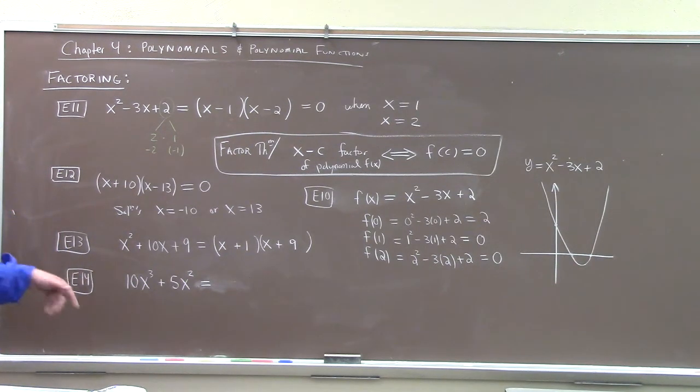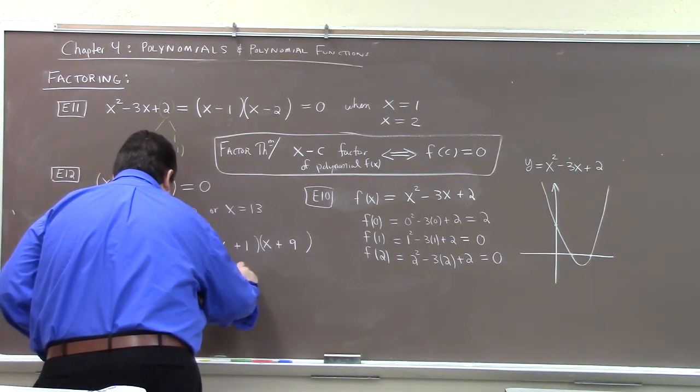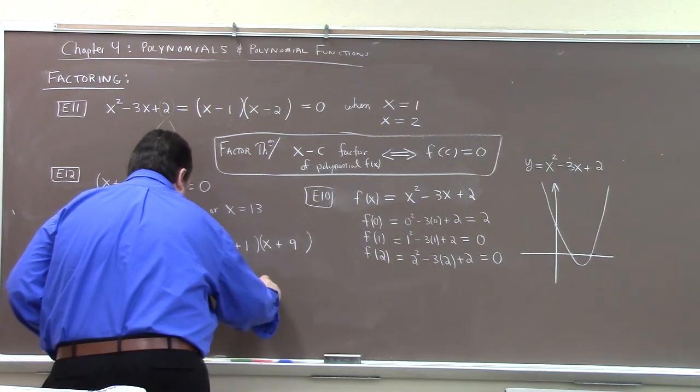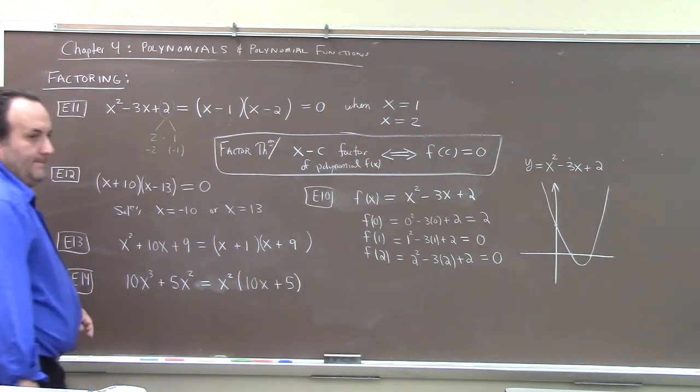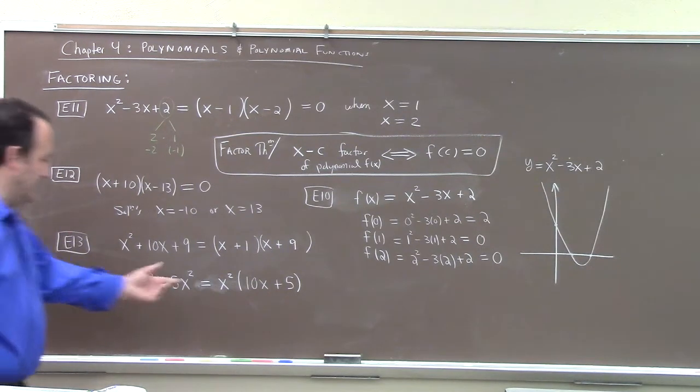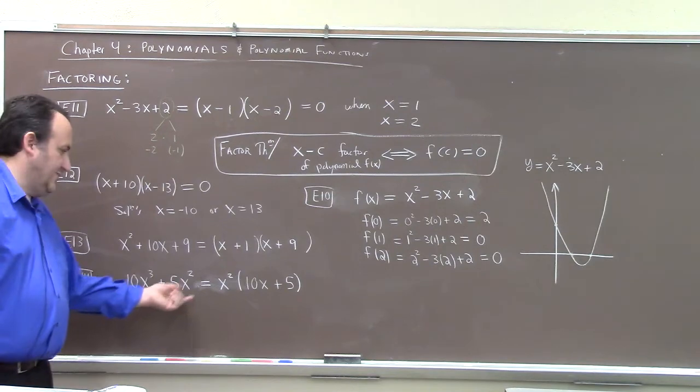See, this one, what I would do is I can pull out an x squared. I can rewrite this as x squared times 10x plus 5. Do you see that? So if we multiply this back out, x squared times x gives me x cubed, and that gives me 5x squared.